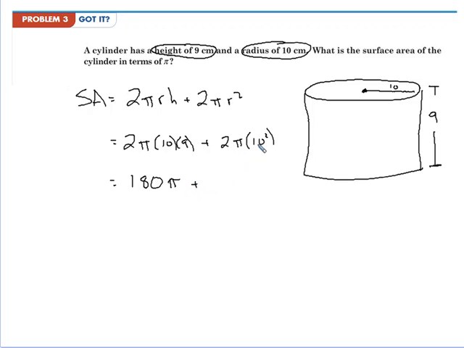And then out here we've got 10 squared, 10 times 10, which is 100, and then 100 times 2 would be 200, and then times pi. Now that means to add the final two parts together is going to leave us with 380 pi. Now this time the units were centimeters, so this is going to be square centimeters.